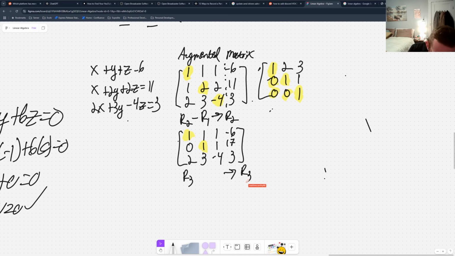Okay? In this case, we have a 2 in the front of this one, right? And we want to get it to 0. But we're only working with 1 up top. So we can multiply row 1 by 2 so that we just do 2 times R1.